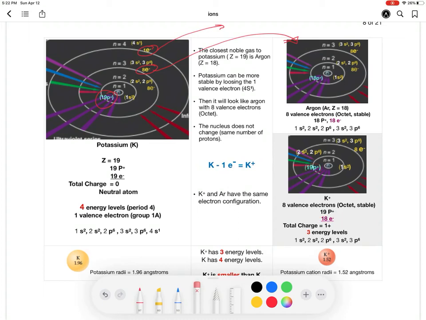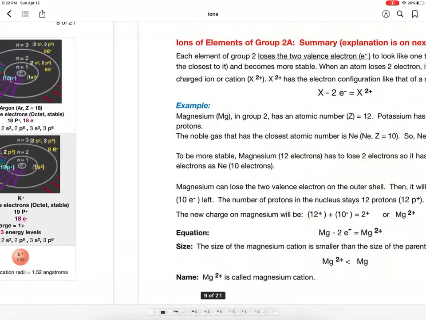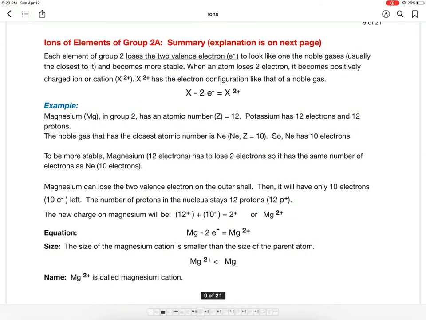For the size, please notice that when losing the electron on the outer shell, we're going from 4 energy levels, 1, 2, 3, 4, to only 3, 1, 2, 3, so the size gets smaller. That's why we say that the potassium cation is smaller than the potassium atom.